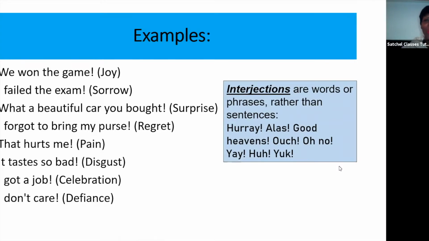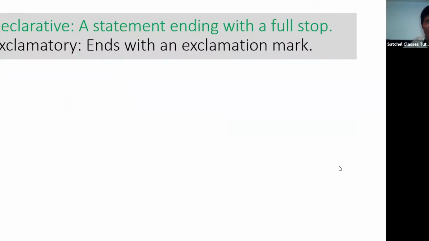So phrases or words like hooray, alas, good heavens, ouch, oh no, yay, huh, yuck, would also have an exclamation mark and express strong emotion, but they're only phrases or words, and they're not sentences with a verb or with a subject. Interjections.